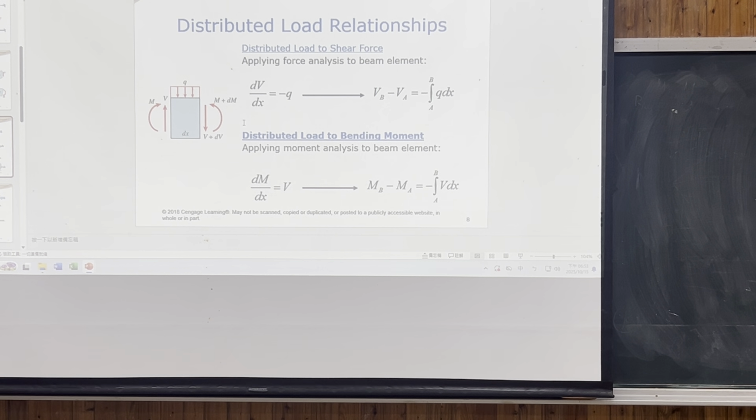By subtracting the shear right here and the shear right here, we know that it is the integral of the distributed load along x. And the bending moment is pretty much the same thing. It is the integral of the shear. So when you double integrate a distributed load, you will get the moment.